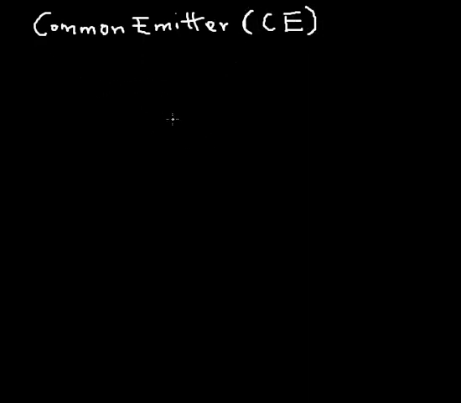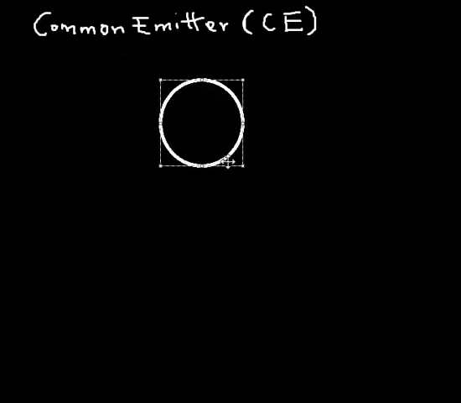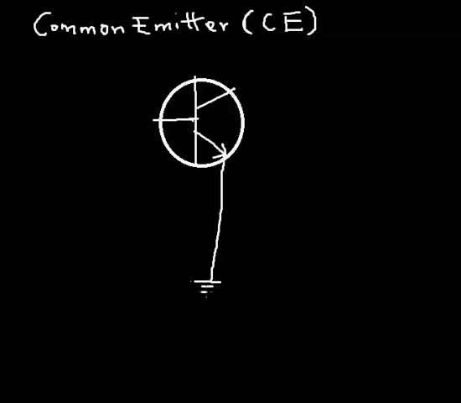So in this case now, I'm going to write the circle symbol of a transistor in a common emitter mode. Of course, I'm still using NPN. So the emitter is common. I can even ground it, connect it to a common ground.